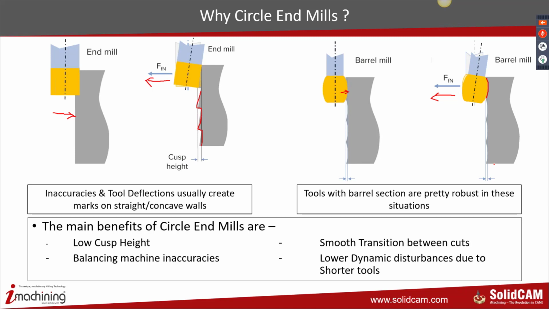So you have got lower dynamic difference. With the barrel tool, you need not even cut straight. You can even tilt the tool at an angle alpha, and it will still be in touch with the radius. Consistent scallop that you would get when you go straight. Okay.